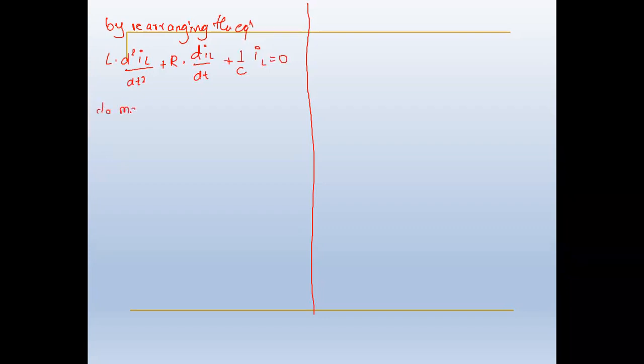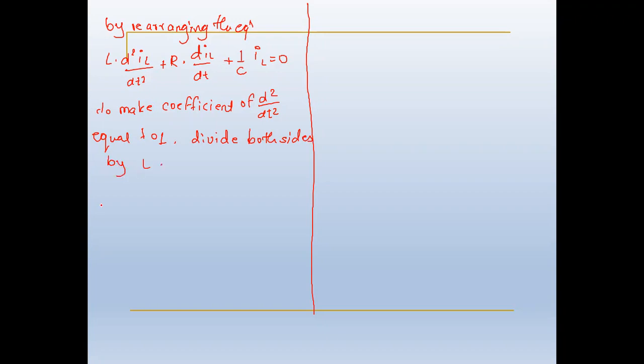To make the coefficient of d square by dt square equal to 1, divide both sides by L. Therefore, this is the final equation you will get: d square IL by dt square plus R by L into dIL by dt plus 1 by LC into IL, which is equal to 0.